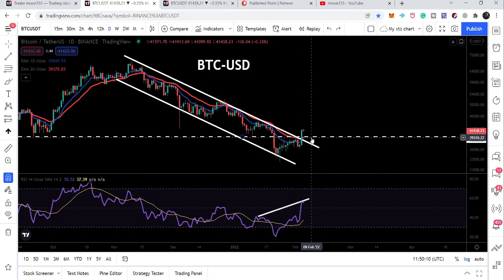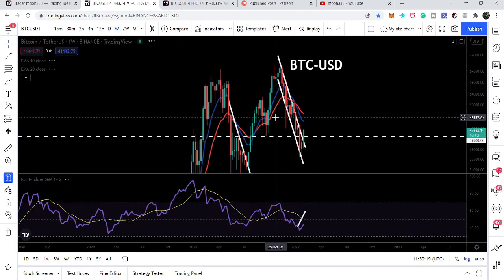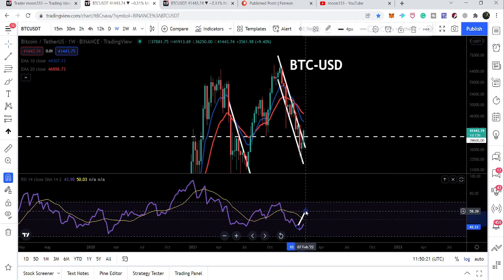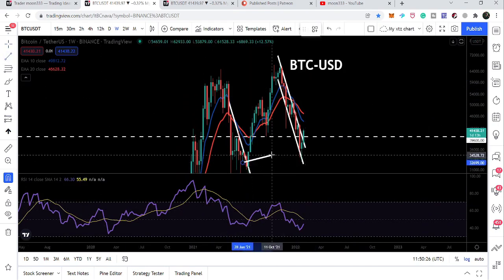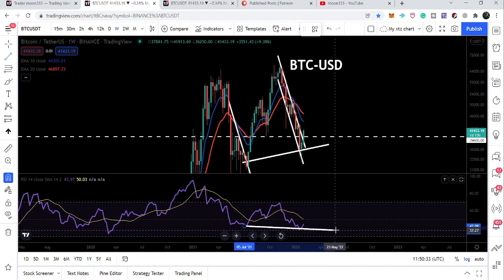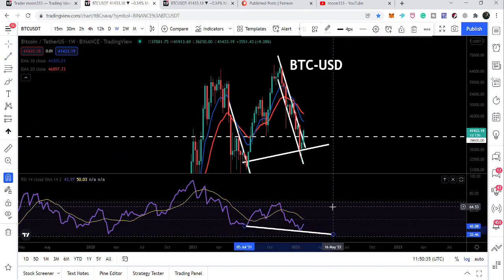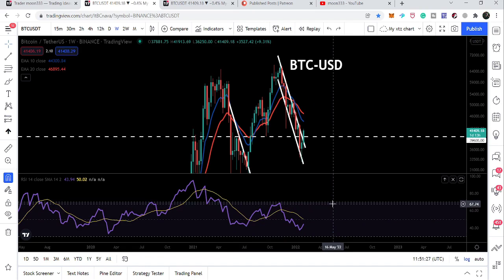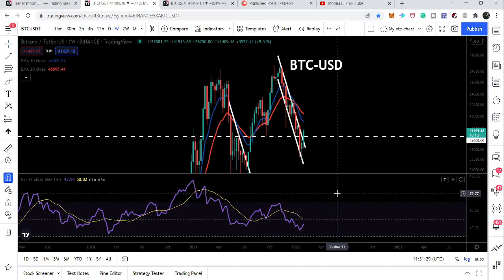In my opinion, it can test this level, approximately the $39,600 support, and from there it can start the next move to the upside, because on the weekly time frame we have a very big hidden bullish divergence, as the price line is forming a higher high than the previous high and a higher low than the previous low, and the RSI is forming a lower low than the previous low. So there is a very big hidden bullish divergence on the weekly time frame. Therefore, we can once again expect a big move of Bitcoin.